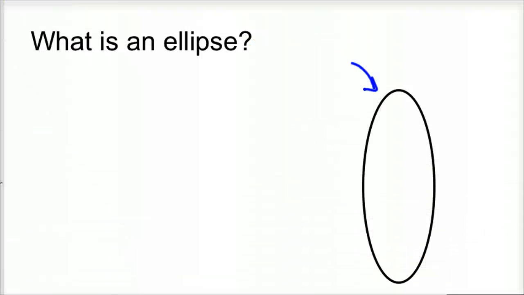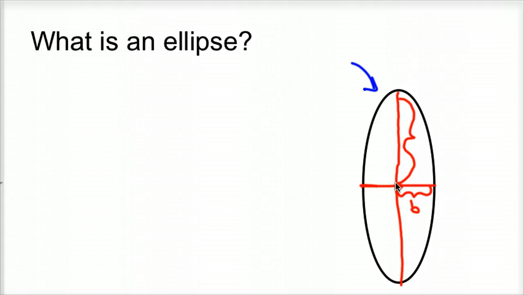Now, some of the properties of an ellipse and some of the terminology you need. So the narrow width here, it has a center in the very center, and you've got an elongated axis here. So these are both axes. This distance is called the minor axis, and we usually label it with a b. And this distance here is the major axis, and it goes all the way to the vertex.